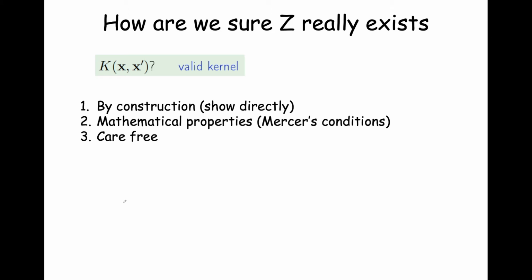And so we'll talk about what these Mercer's conditions are. If you satisfy Mercer's conditions, you're a valid kernel, and you also adhere to certain closure properties. Okay, and there's a carefree method, which is a little bit reckless, but you just go through the machinery, define a kernel, and assume it works. See what happens. Good things can happen, sometimes bad things happen.